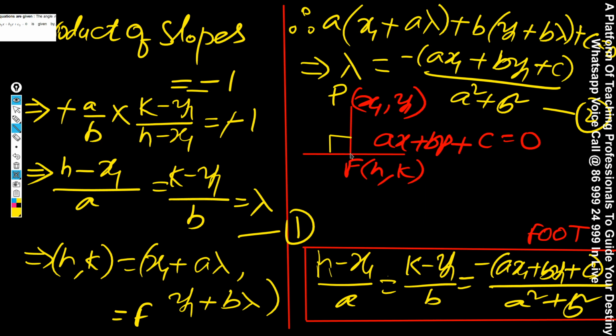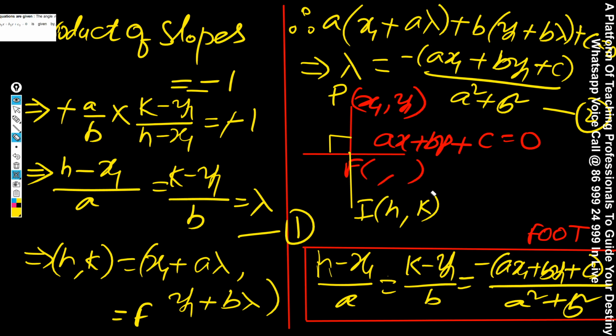Image means ax plus by plus c equals 0 is the mirror. Then the mirror will have the image of the object at I. This I is taken to be hk. Previously the foot was taken to be hk; here I is taken to be hk, and the foot is the midpoint.